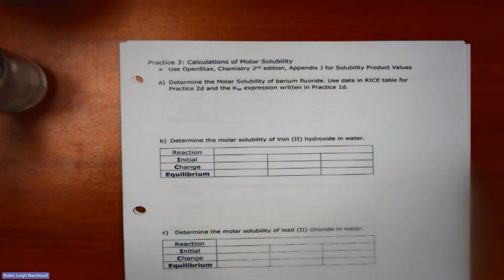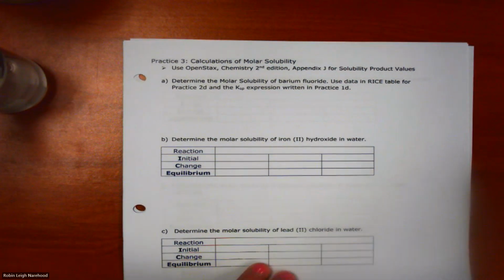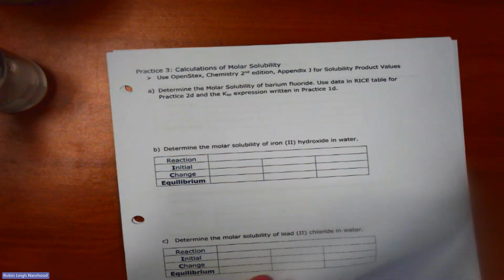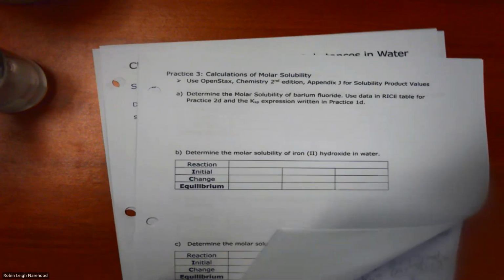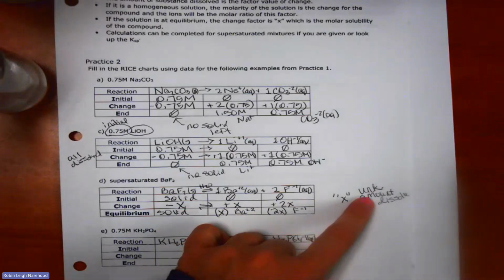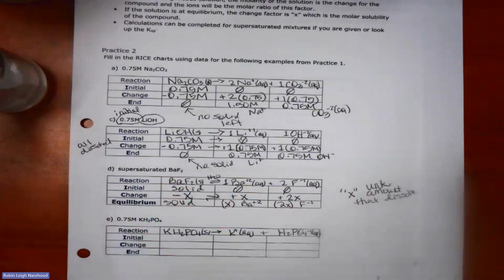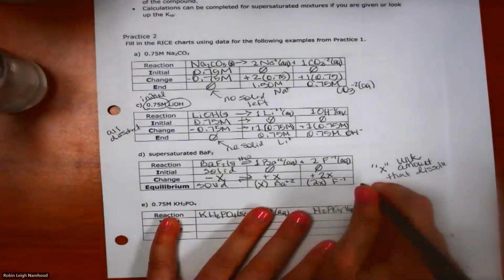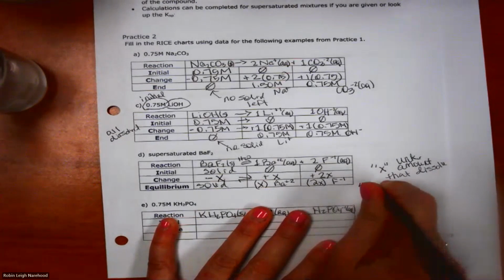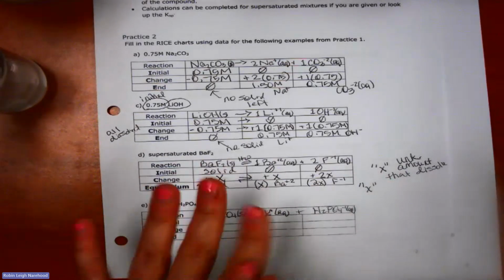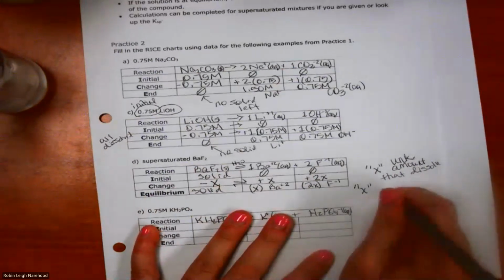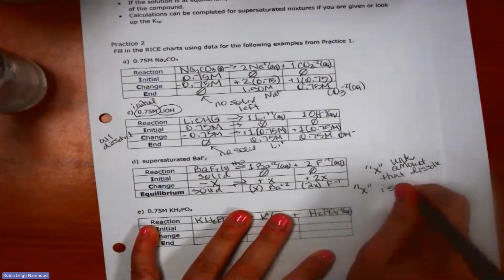So over here on the previous page where I put X is your unknown amount. When we're talking about equilibrium, this is a specific situation here. X for this situation is the molar solubility.